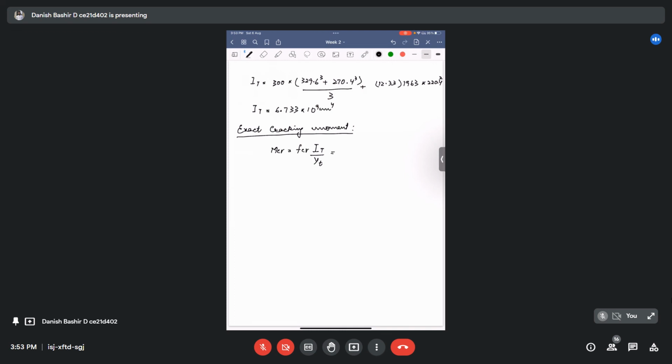We have fcr already calculated as 3.13, I transformed as 6.733 times 10 power 9, divided by yt, which we calculated as 270.4, the distance of the bottommost fiber.